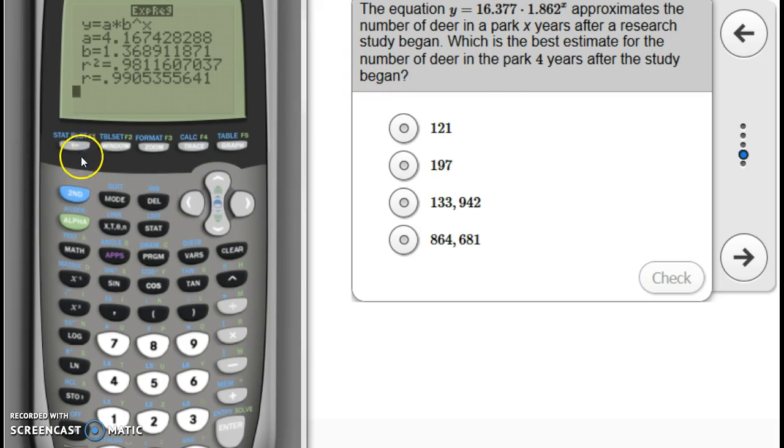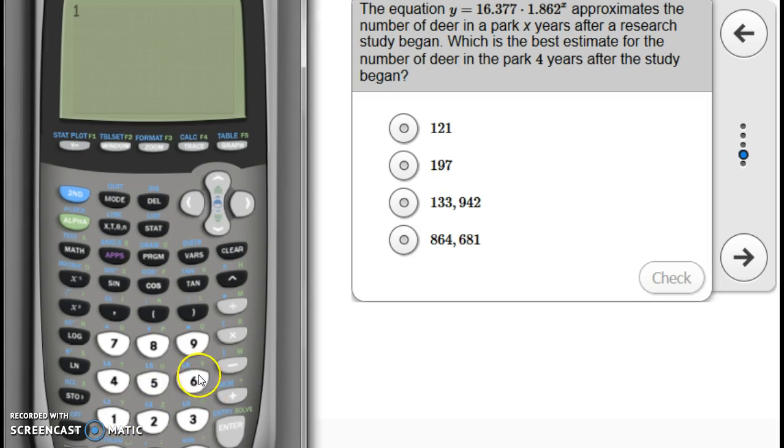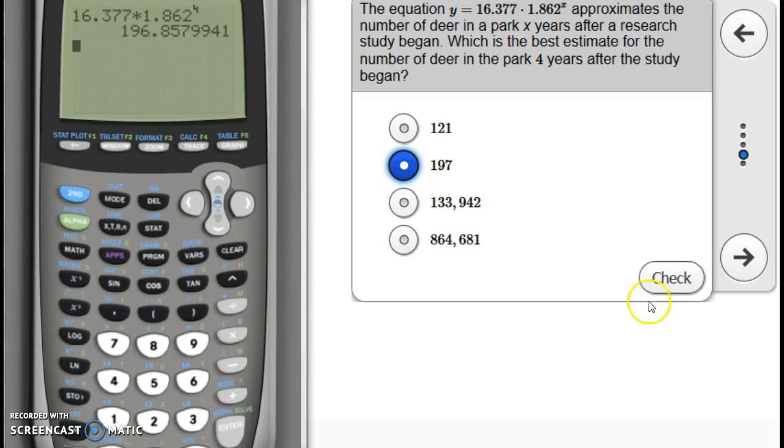That simply tells us that the value of x is 4, so we can plug it in. You want to use this key over here to put into the fourth power, and 197.